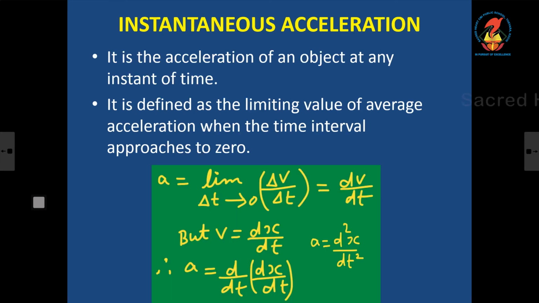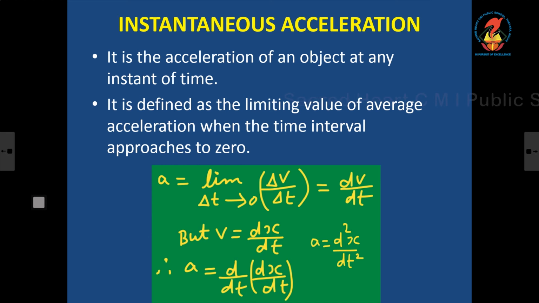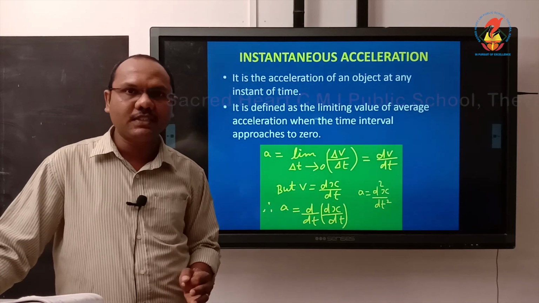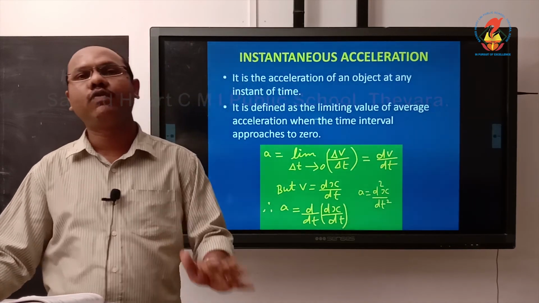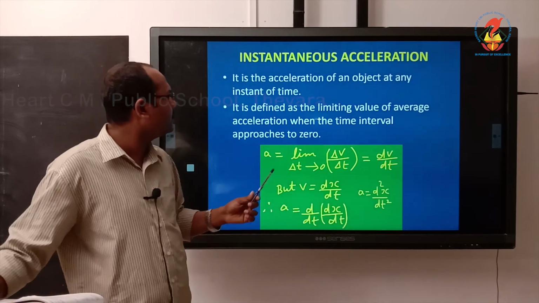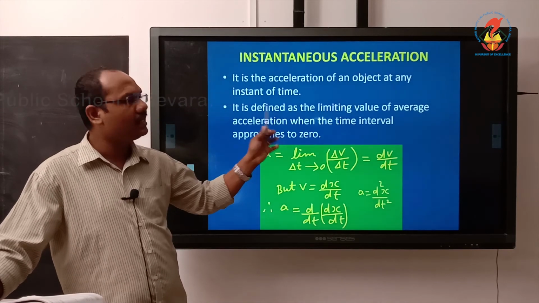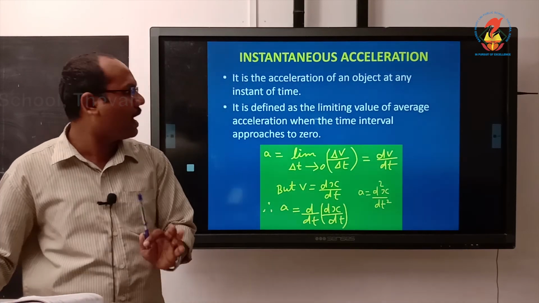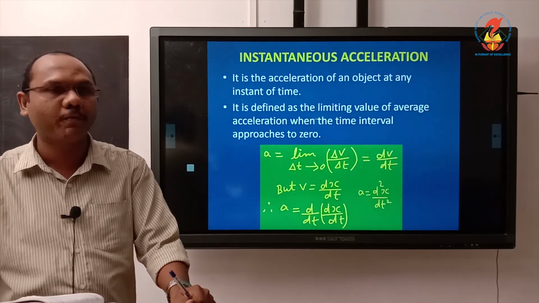Now, in the same way, let us see what is instantaneous acceleration. If the acceleration changes continuously, then we have to go for instantaneous acceleration. It is the acceleration at any instant of time, and it is defined as the limiting value of average acceleration when the time interval approaches 0.